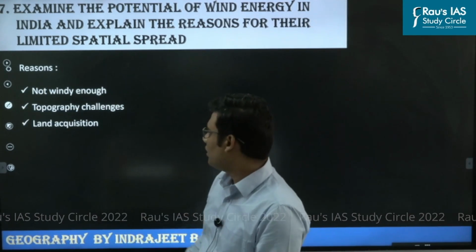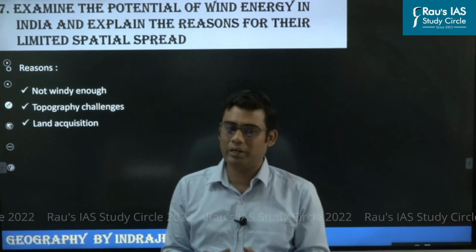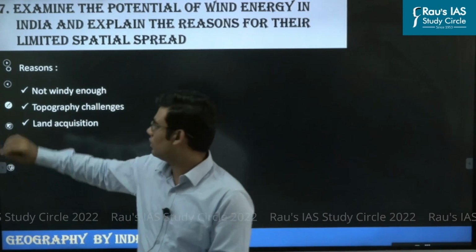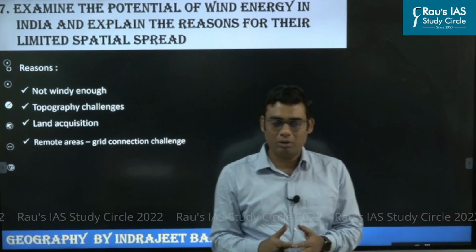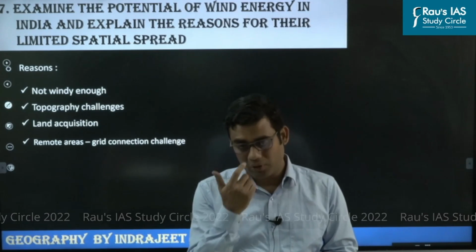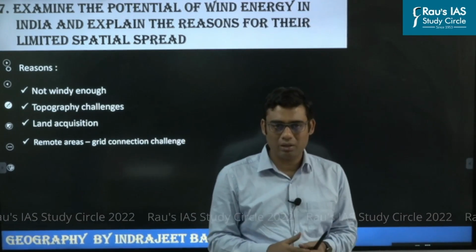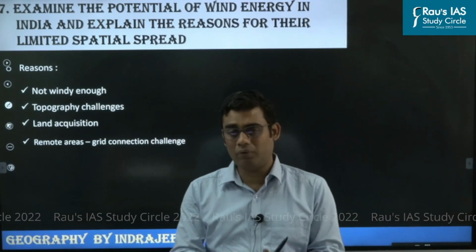Going beyond this, the same idea, that the wind energy farm requires a very large area, so land acquisition always remains a challenge. Then, a lot of wind energy potential is found in remote areas, because in other areas there are a lot of obstructions, such as artificial structures.